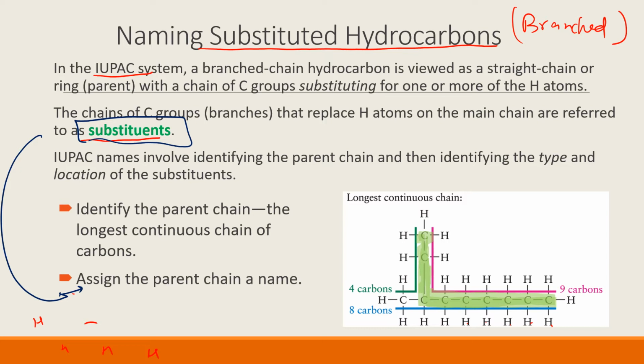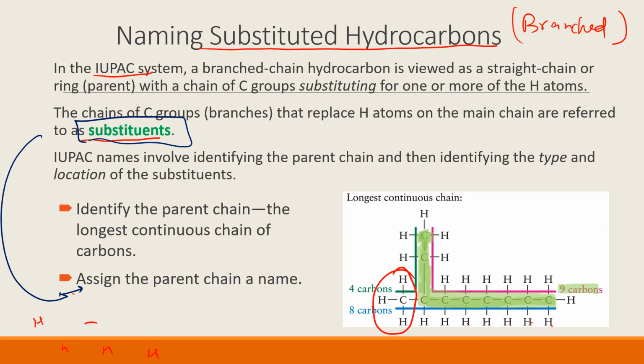In this case, our chain is a 9-carbon long chain. So this is the longest continuous chain. Remember, in case of alkanes, we may have bends. Bend is okay. Therefore, we can say that our parent chain is a 9-carbon long chain, which makes the group shown here our substituent.